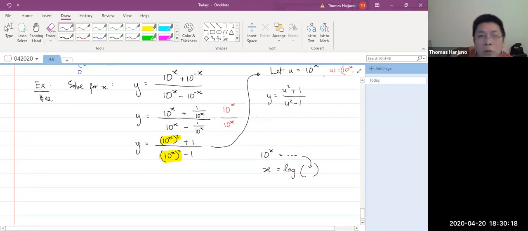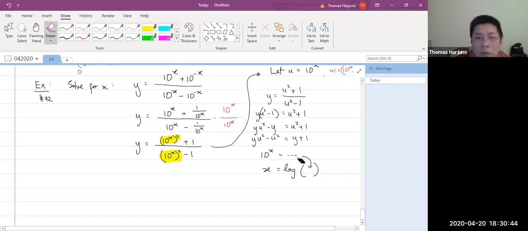So this will be y times u squared minus 1 equals u squared plus 1. y u squared minus y equals u squared plus 1. So y u squared minus u squared equals y plus 1.